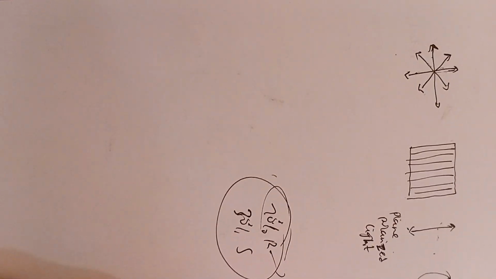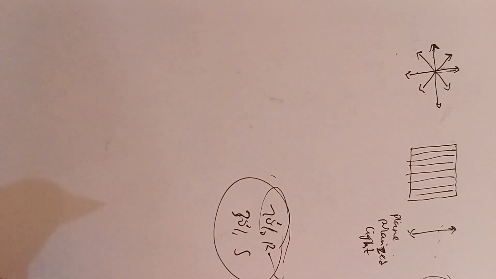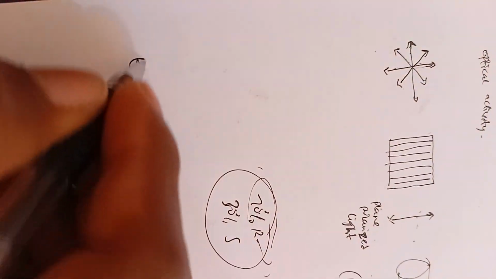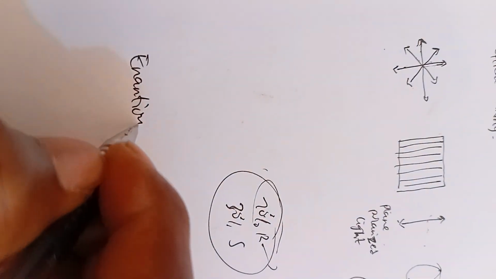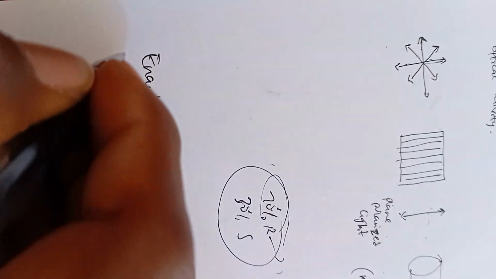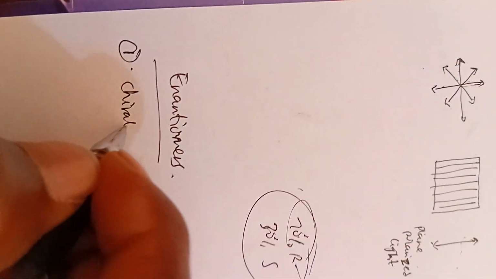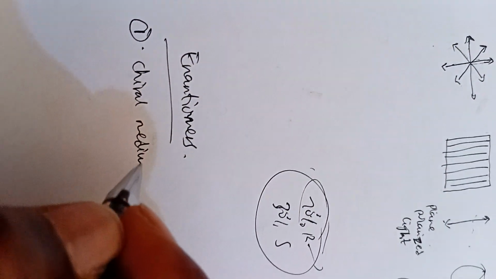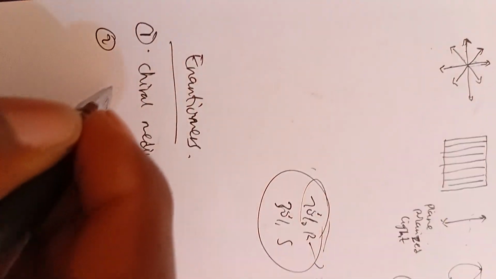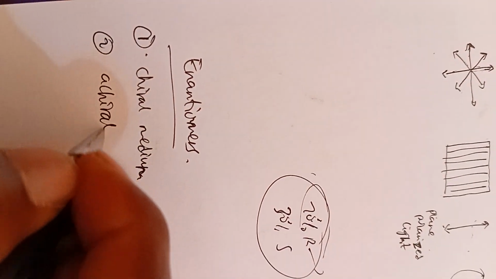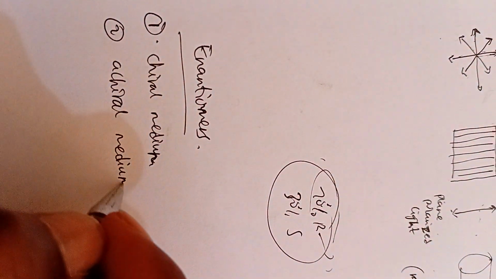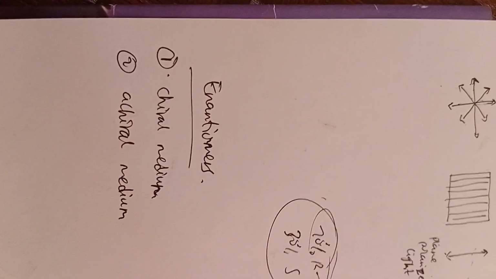So another property of enantiomers, we are seeing more properties. Let's put them in two mediums. In the first instance, we'll put them in a chiral medium, and in the second instance, we'll put them in an achiral medium. Enantiomers have the same physical properties.